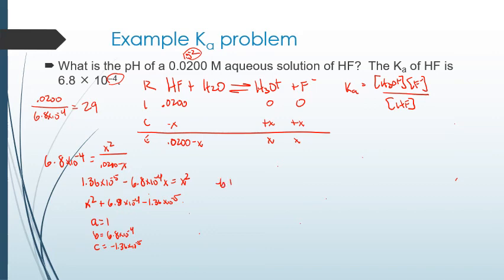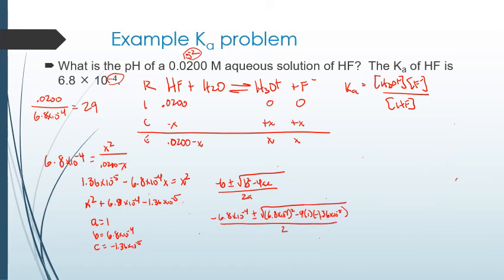I'd have negative b plus or minus the square root of b squared minus 4ac, all over 2a. So I have negative 6.8 times 10 to the negative 4th plus or minus the square root of 6.8 times 10 to the negative 4th, squared, minus 4 times 1 times negative 1.36 times 10 to the negative 5th. And we're going to divide all that by 2.